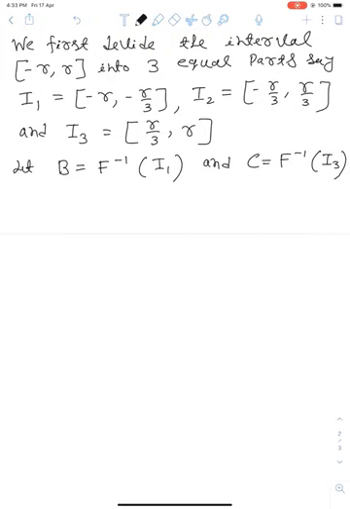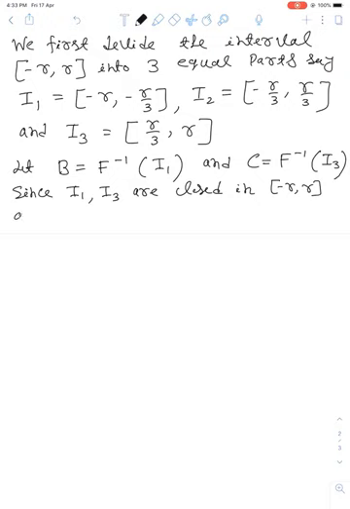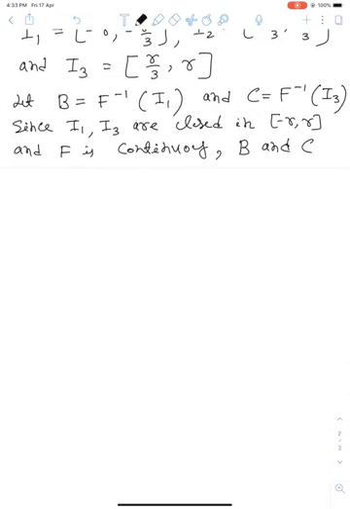Fine. Now since I1, I3 are closed in the domain, say minus r comma r, and F is continuous, that implies B and C are closed sets in A, right?